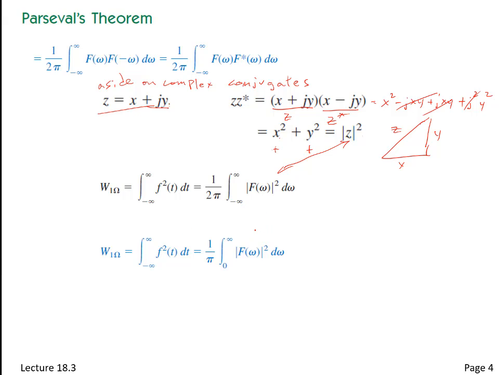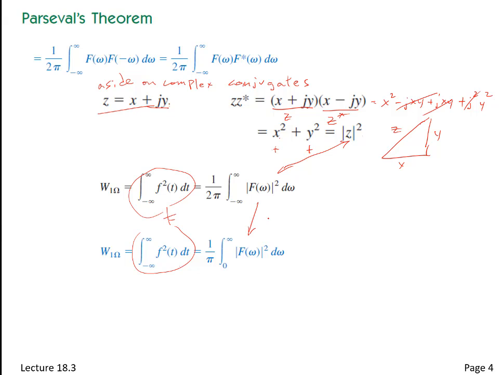What happened here? Here's the observation. This is the same as this. Our number 2 went away, but we also changed the limit on the bottom. And the change that went on here was we noticed that the square of things makes everything positive.